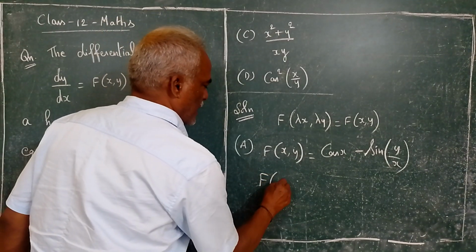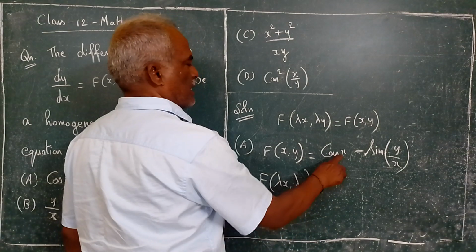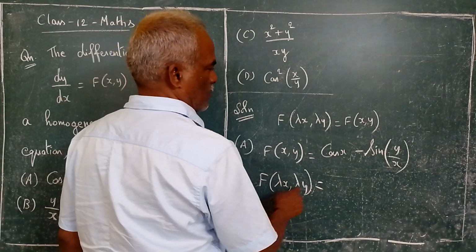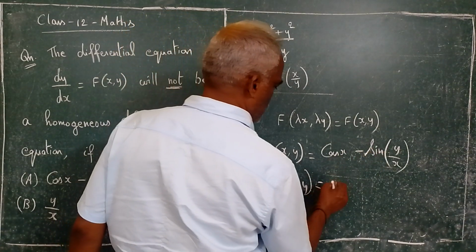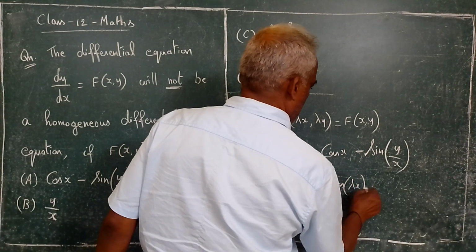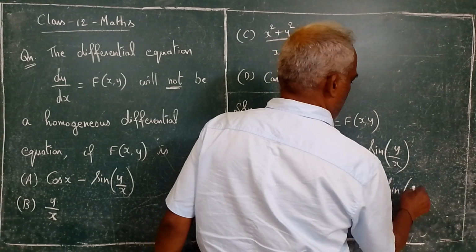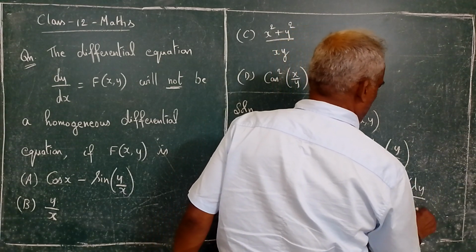Now f of lambda x comma lambda y is equal to x replaced by lambda x and y replaced by lambda y. So this will become cos lambda x minus sin of lambda y by lambda x.